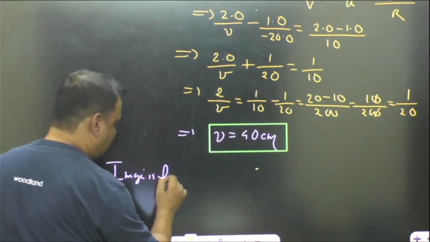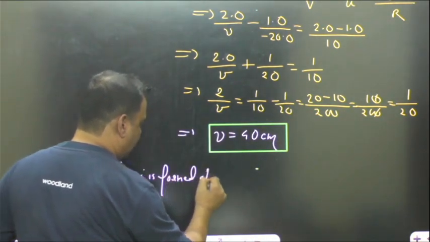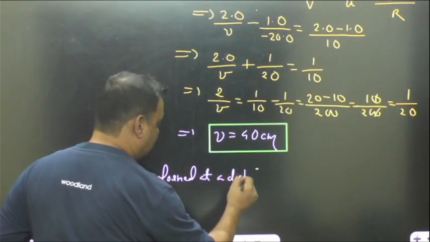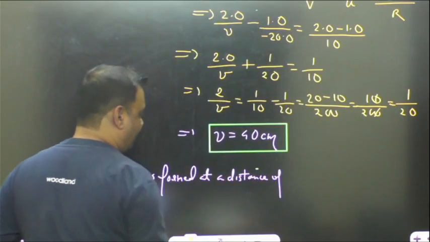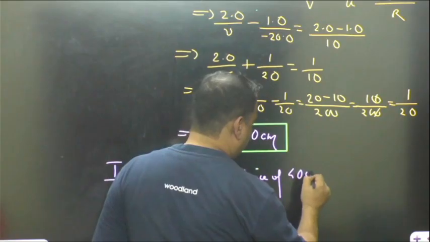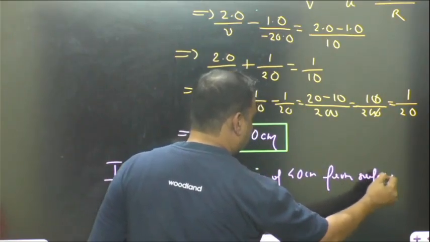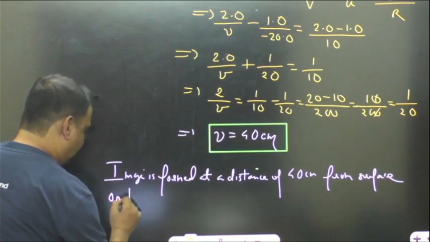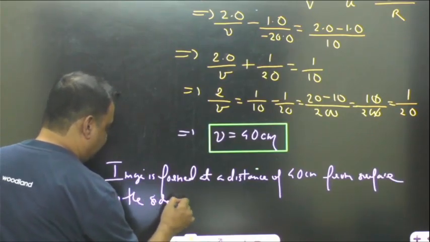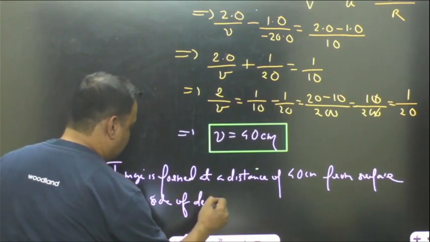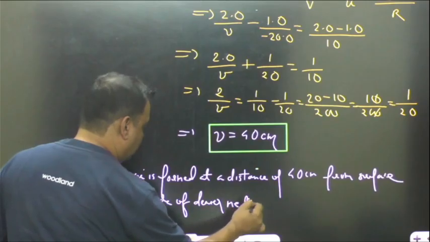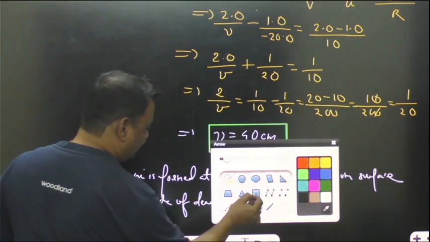Image is formed at a distance of 40 centimeter from surface on the side of denser medium.